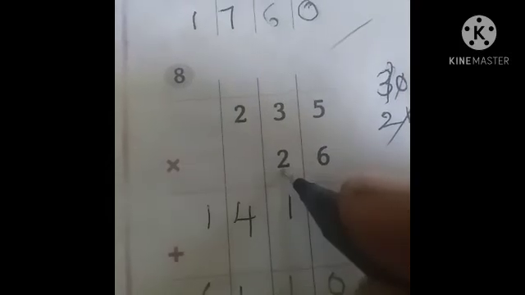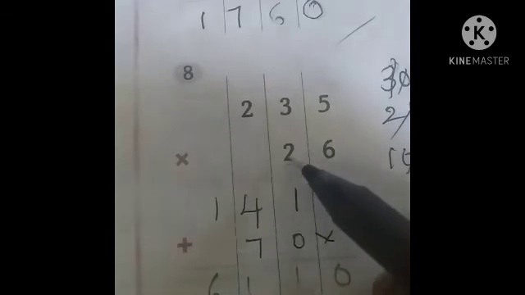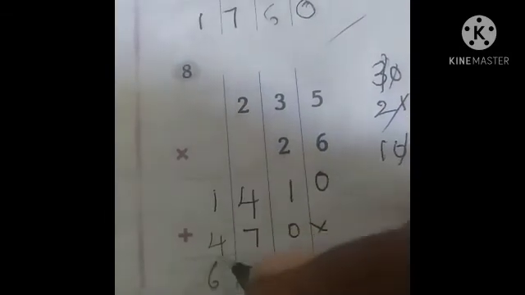Now multiply by 2 because 2 is in the tens place. 2 fives are 10. Leave this place, after that write here. 2 threes are 6. 6 plus 1, 7. 2 twos are 4.